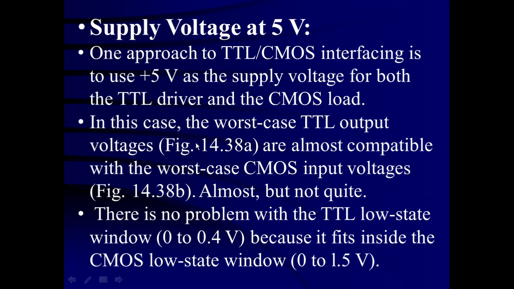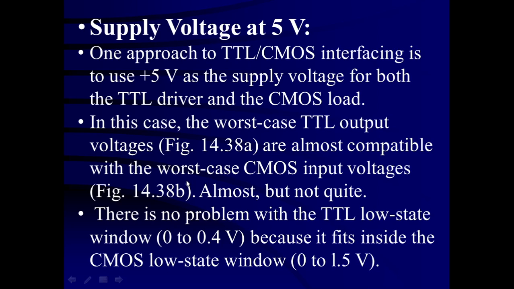In this case, the worst case TTL output voltages, figure 14.38a, are almost compatible with the worst case CMOS input voltages, figure 14.38b. Figure 14.38a shows the TTL output characteristics with the window, and figure 14.38b shows the input characteristics of the CMOS when it is operating at 5 volt.